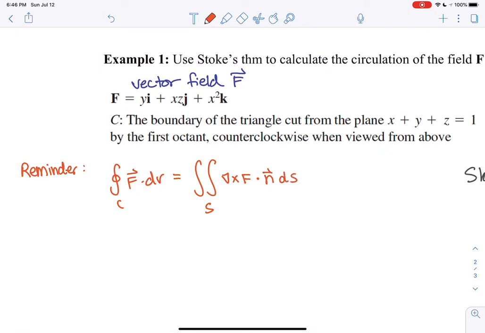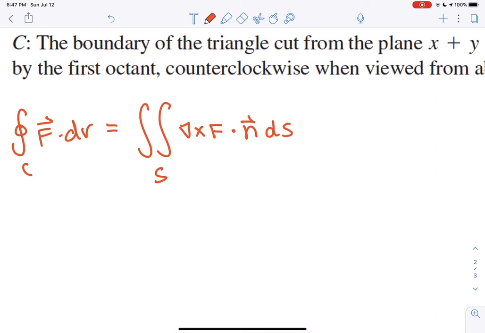And if you remember, to turn this into a more usable form, from the last section on surface integrals, anytime we do a surface integral of a vector field, it just becomes that vector field times the cross product of the two partial derivatives of the parameterization of the surface, dx dy. So that's the usable form.